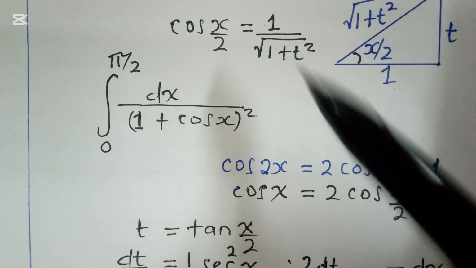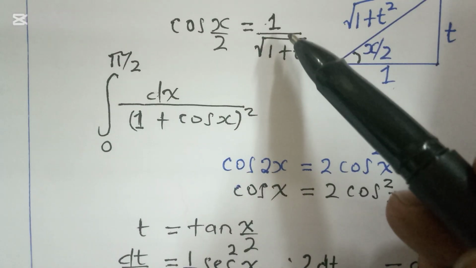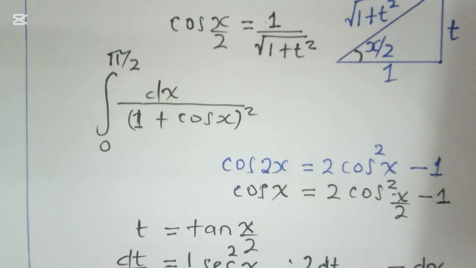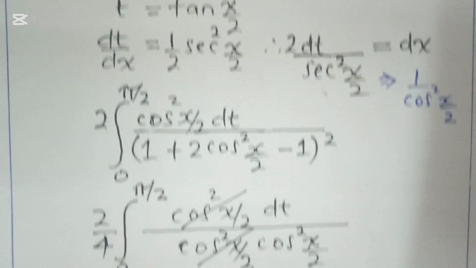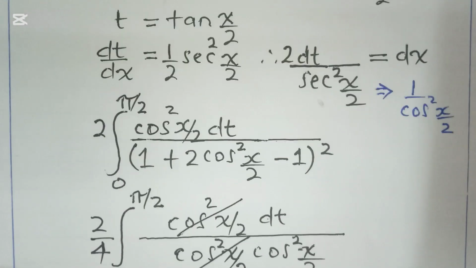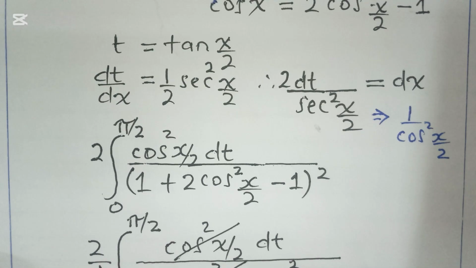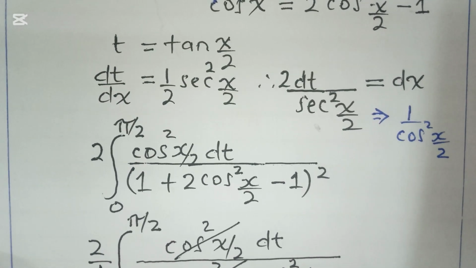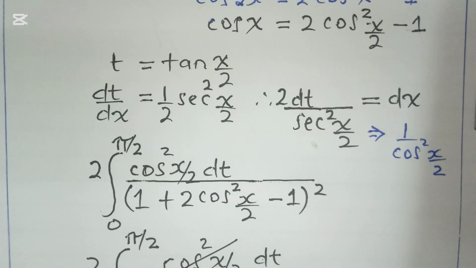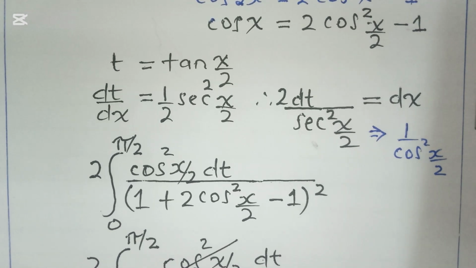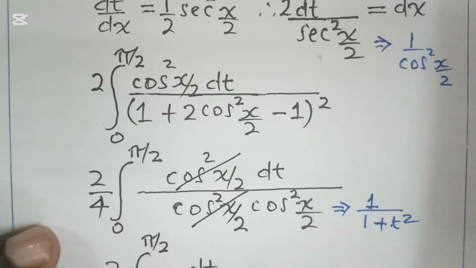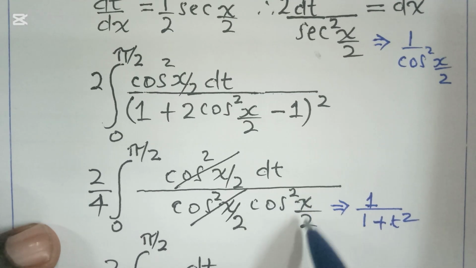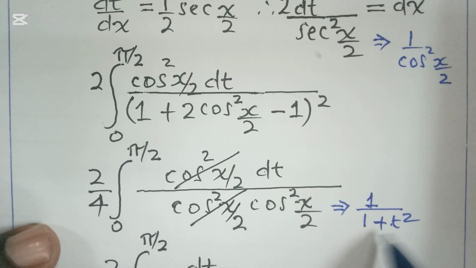That is, cos x all over 2 equals 1 all over the square root of 1 plus t squared, like that. So this cos squared x over 2 is given by that.